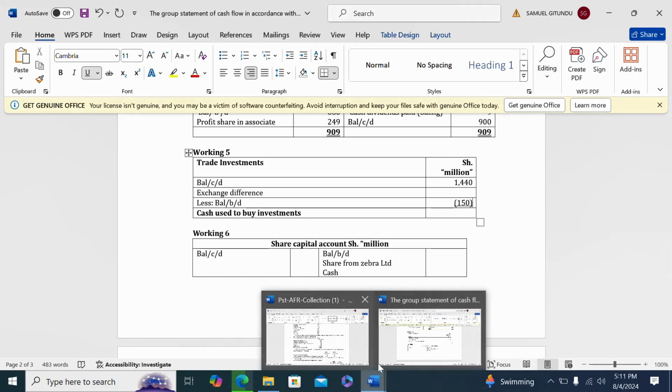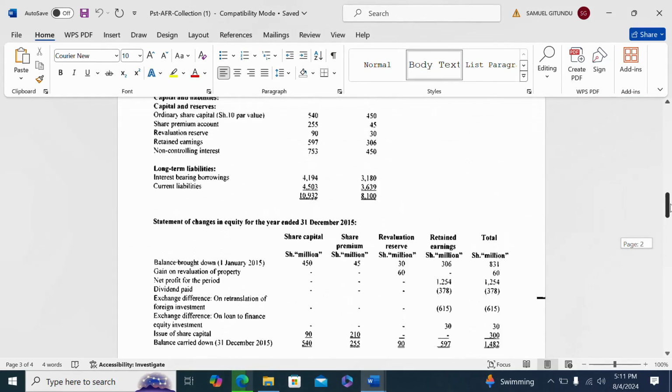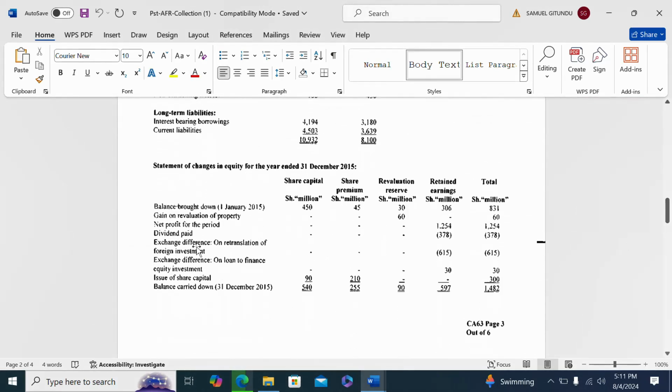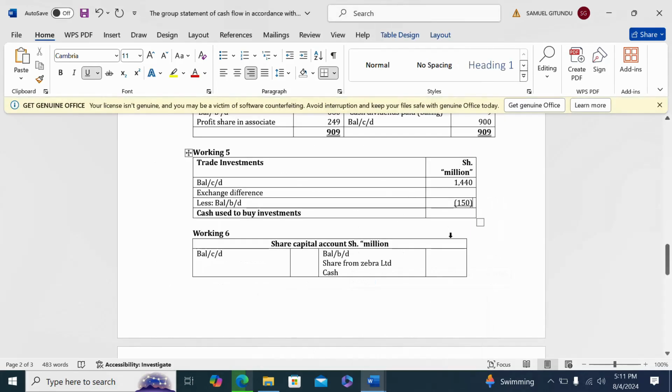From the statement of changes in equity, you've been given that exchange difference on retranslation of foreign investment is 615 million, which is a loss of 615 million. So we add back 615.